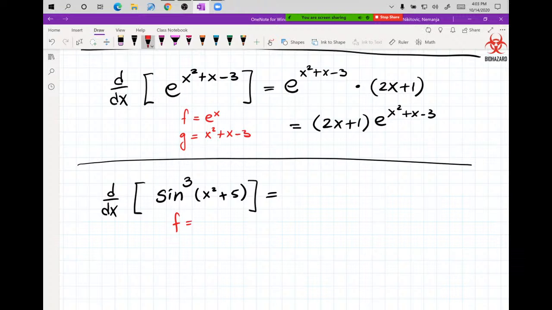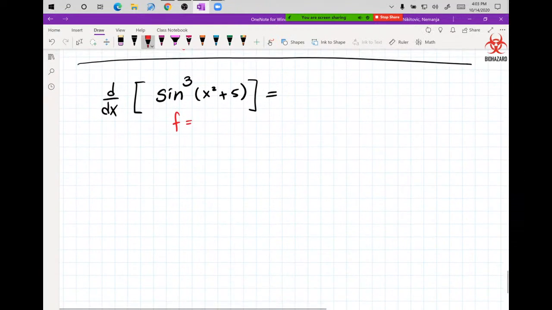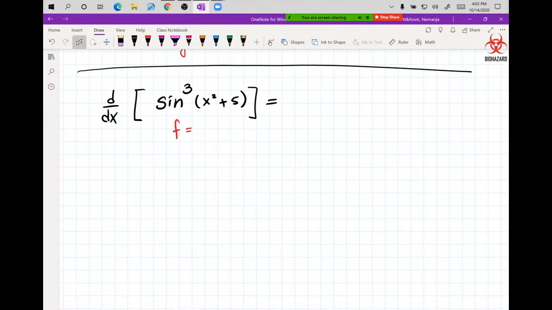What do you guys think? X cubed. Beautiful. And then g, going one step in. Sin x. Perfect. And then going all the way down to the third level, x squared plus 5.